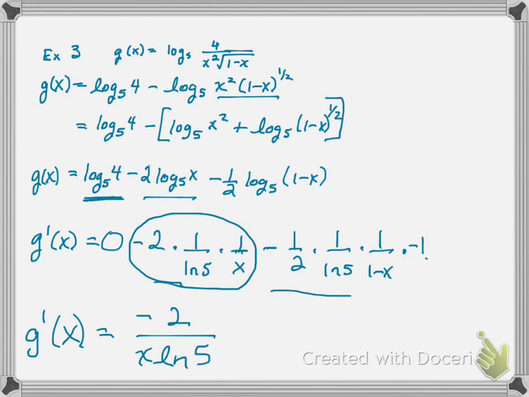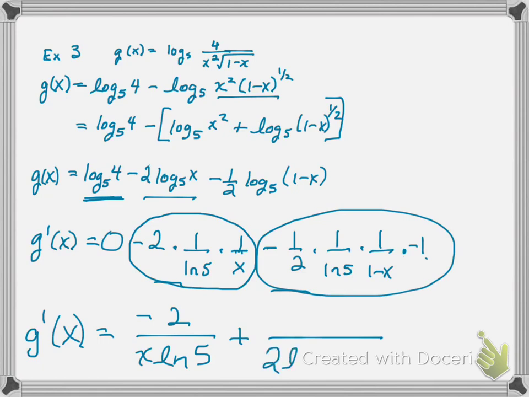And then the second term is all of this. So I have this negative out front, this negative on the end, so that can make a plus sign. And looks like I'm going to have a 2 ln 5 times 1 minus x. And you can write those in any order that you want. But that, at this point, would be my answer.